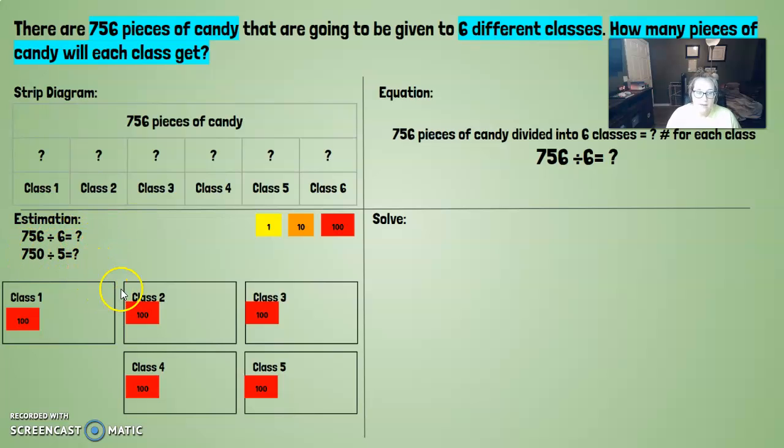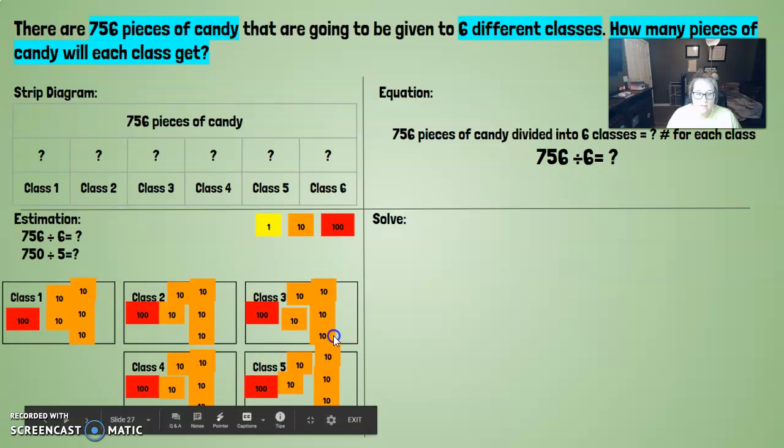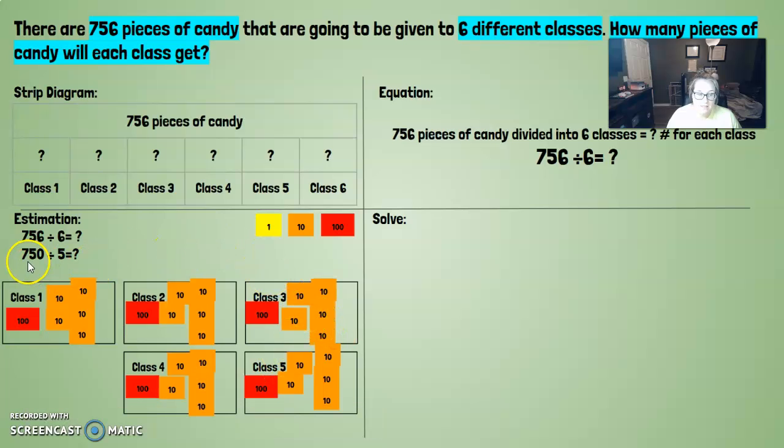So I'm at 500. So 510, 520, 530, 540, 550. But I'm still not there, so I'm going to keep going until I get all the way to 750.